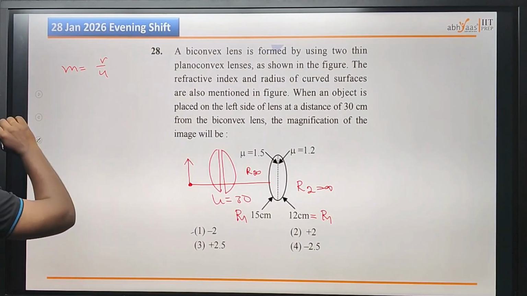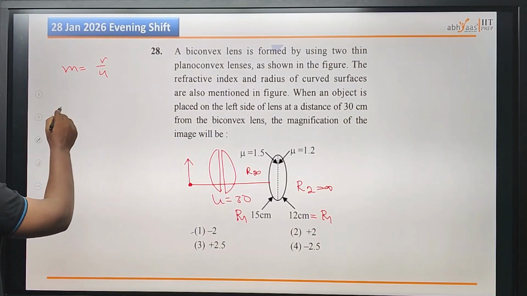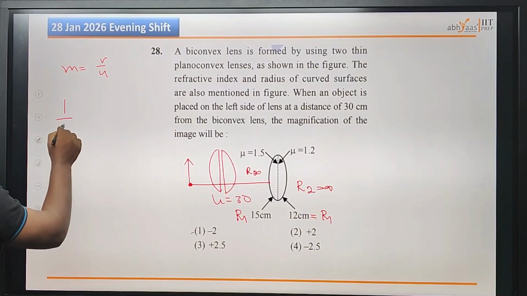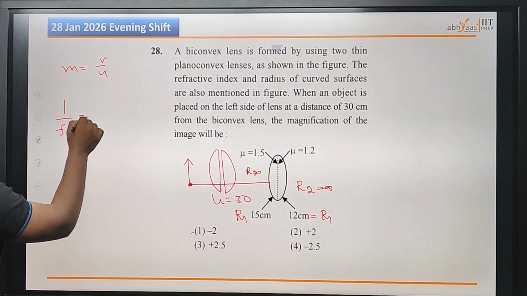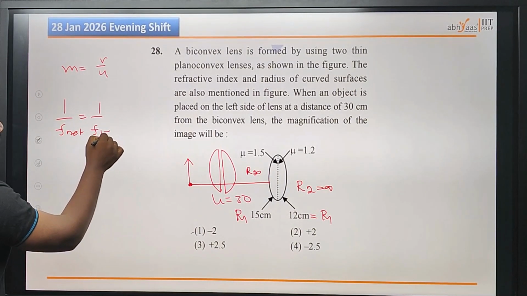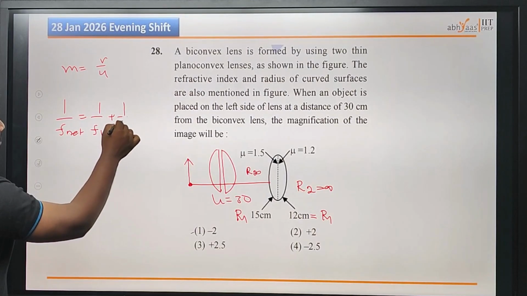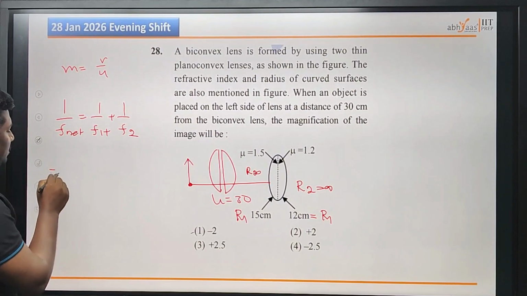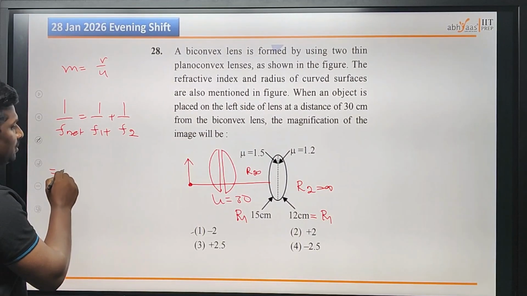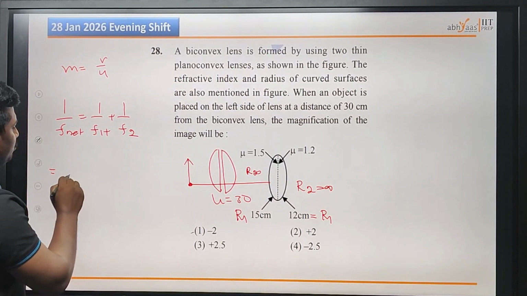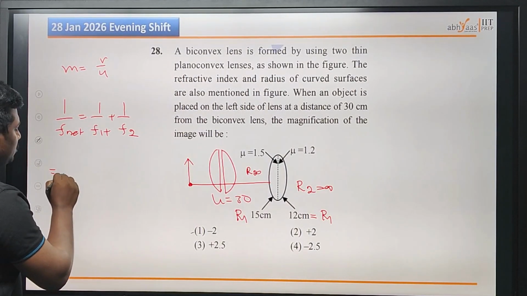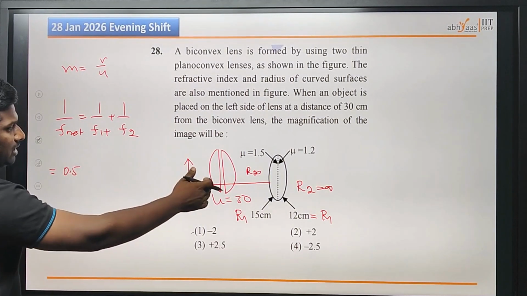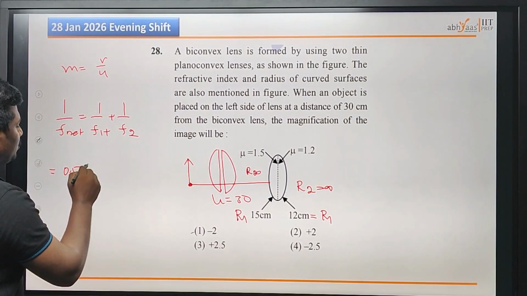We have to find magnification. See here, 1 by f net can be written as 1 by f1 plus 1 by f2. How to find f1 plus f2? I am writing here, mu minus 1, that is nothing but 0.5. I am writing for this lens.